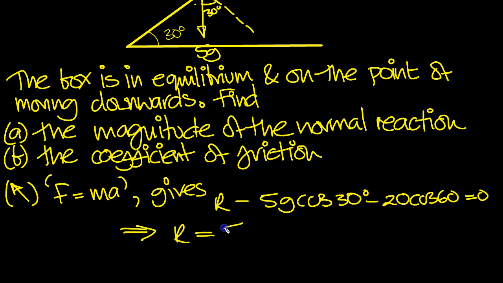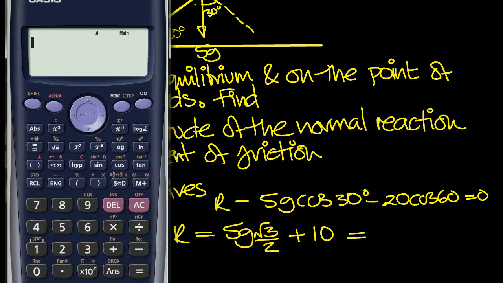Move this over to be plus 5g cos 30, which is root 3 over 2. And plus 20 times cos 60, which is sine 30, which is a half. So that's 10. So R is equal to then 5 times g, 9.8, times root 3, outside the square root, divided by 2.